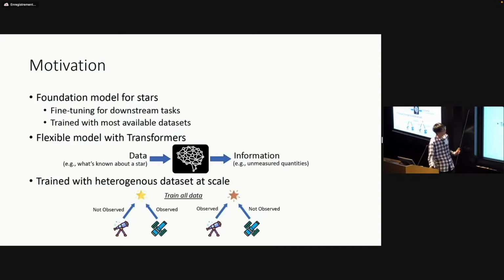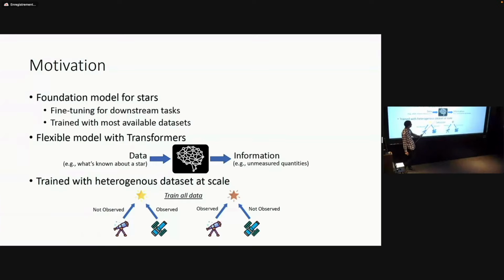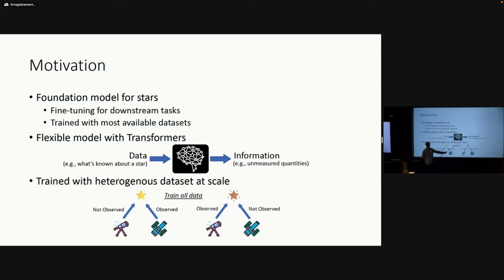One of the characteristics of the transformer is that you can build a really flexible model with it. What I mean by that is that if you want to build an AI in the future, you would want a neural network that you can give any data. For example, in this work, you give what you know about a star to this neural network, and then later you can request information, for example, what is the unmeasured quantity about that particular star?